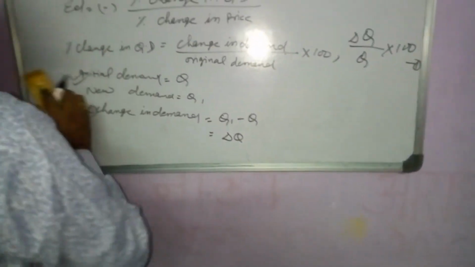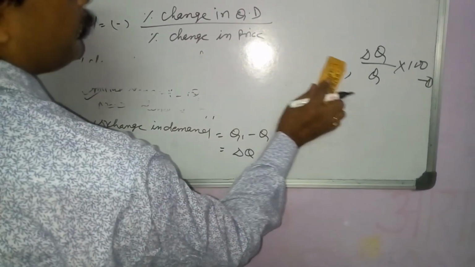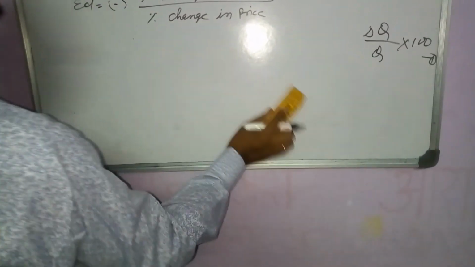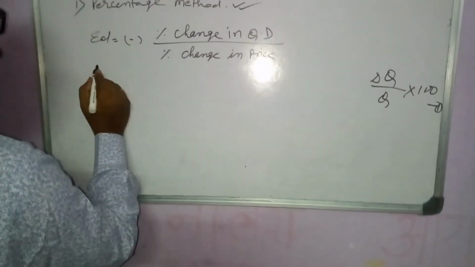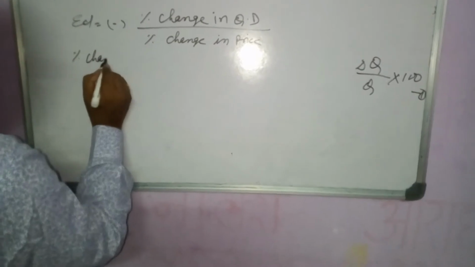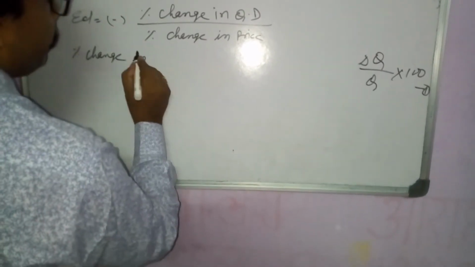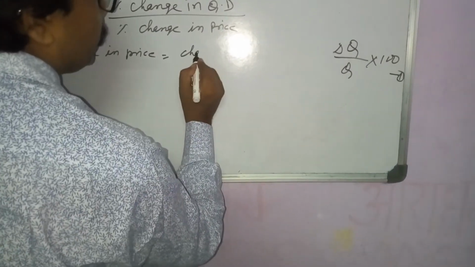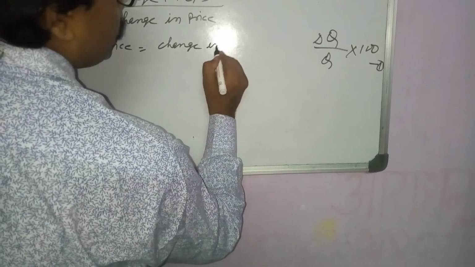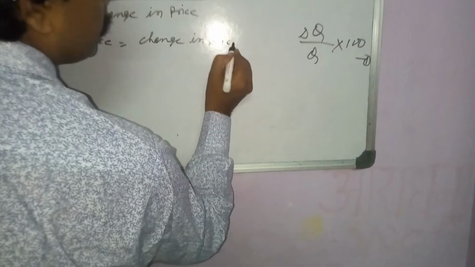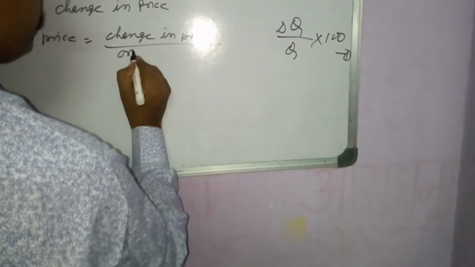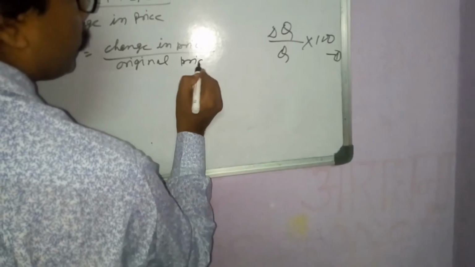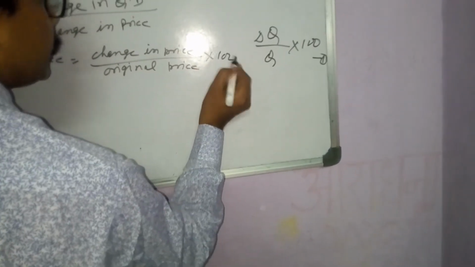Okay. Now come to the percentage change in price. Percentage change in price is equal to change in price divided by original price into 100. Is it clear?